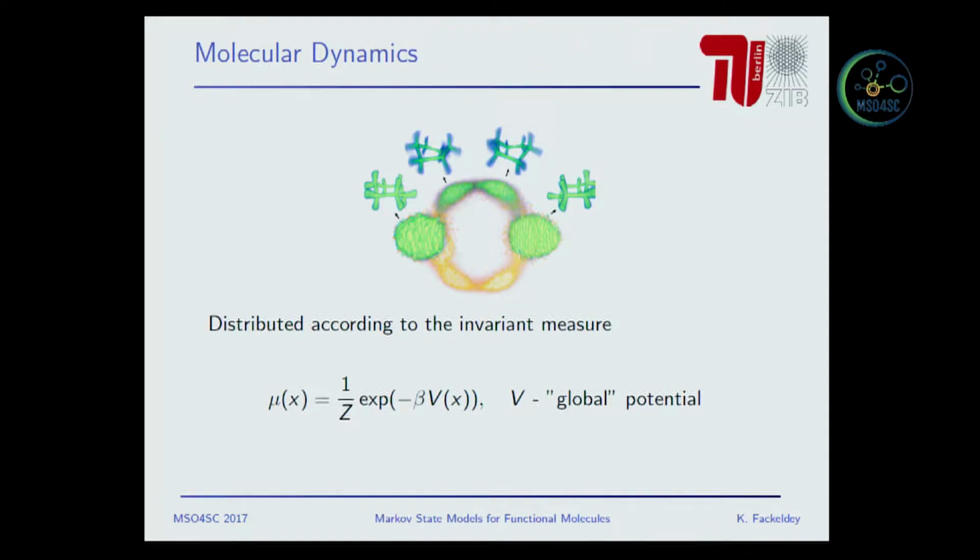And we know that these states which we have here in this cloud are mainly distributed according to the Boltzmann distribution. And actually one could say, well, it's pretty easy, just compute it.